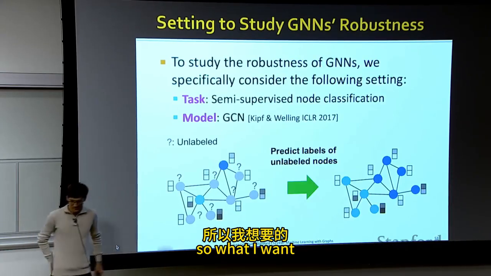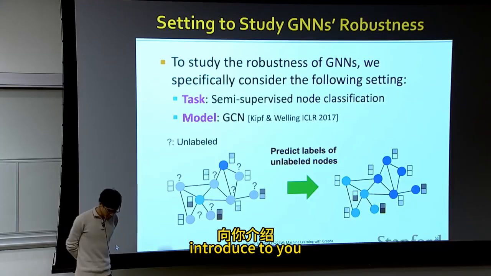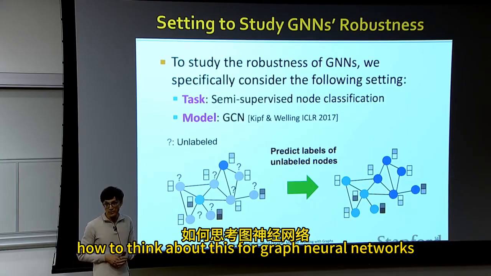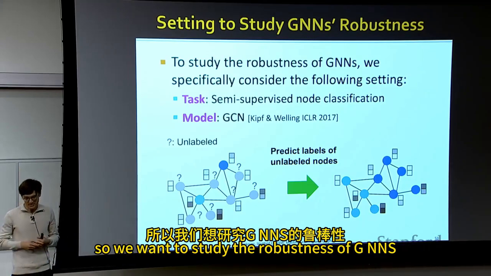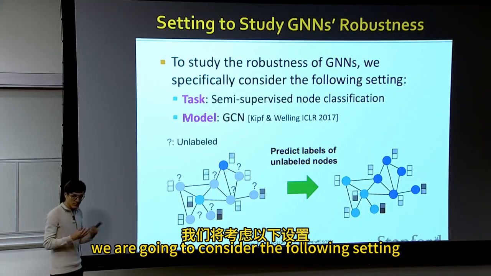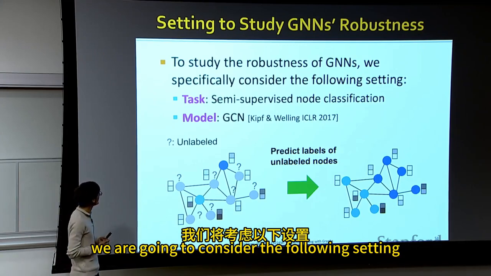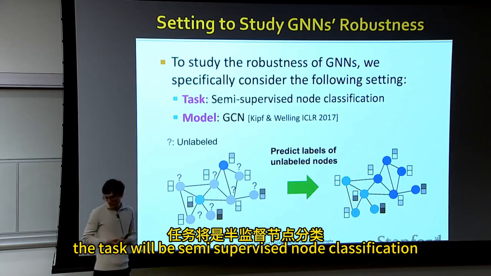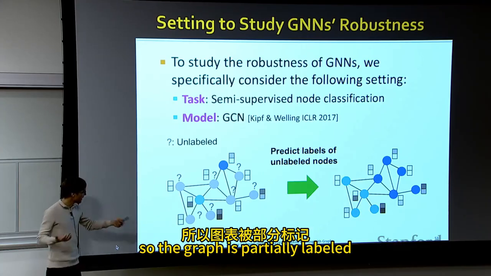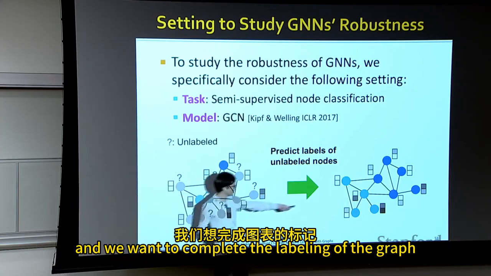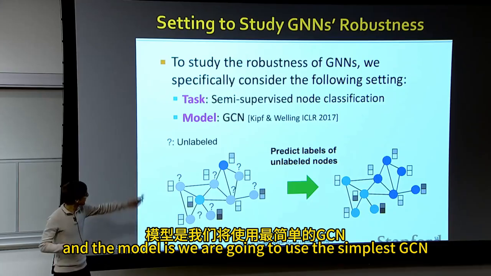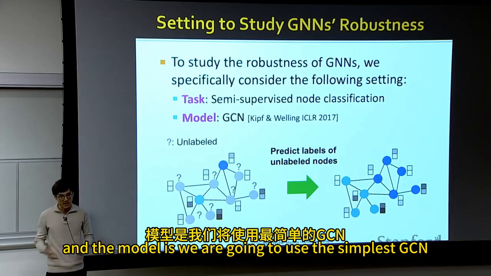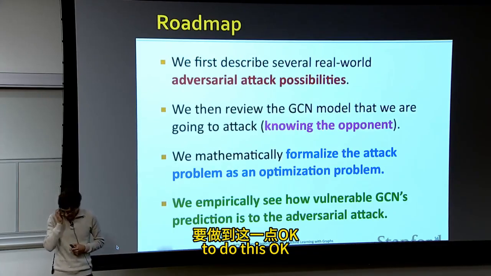So what I want to introduce to you is a framework for how to think about this for graph neural networks. We want to study the robustness of GNNs. We are going to consider the following setting. The task will be semi-supervised node classification. So the graph is partially labeled, and we want to complete the labeling of the graph. And the model is, we are going to use the simplest GCN to do this, okay?